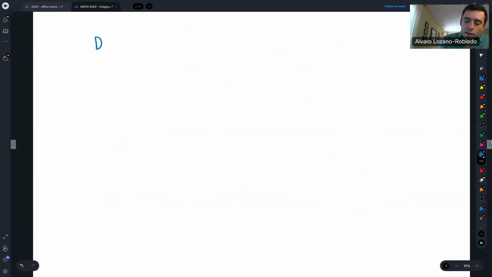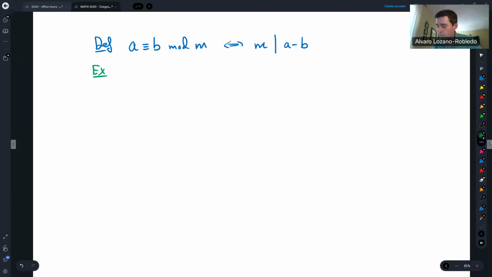Again, let me write here that we say a and b are congruent if and only if m divides a minus b. So here's an example. For example, the congruence 8 is congruent to 3 modulo 5.